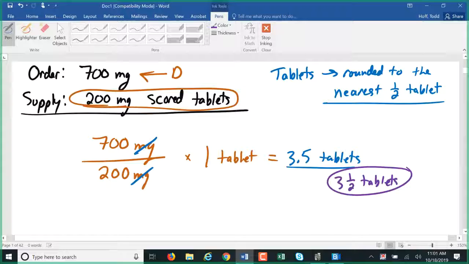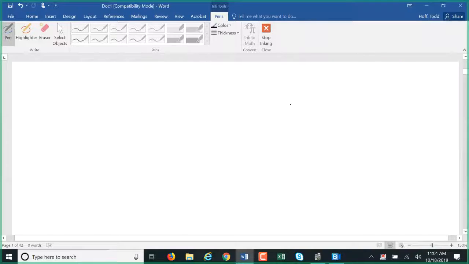This is okay with me, but a lot of times I prefer you to write it as 3 1/2. Question? No problem. Any questions on that first example? So you notice we're starting with what the doctor orders and we are working through to get what is administered.